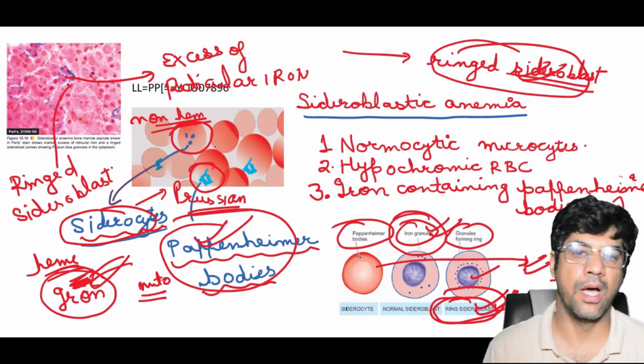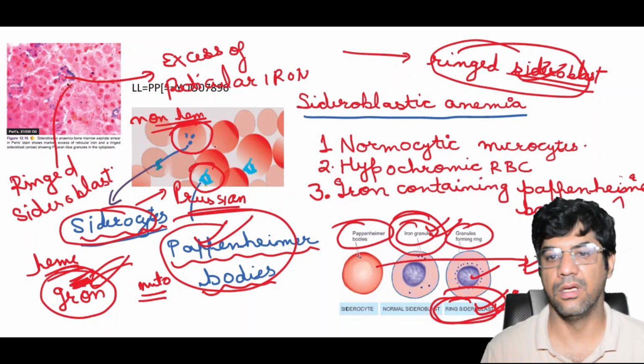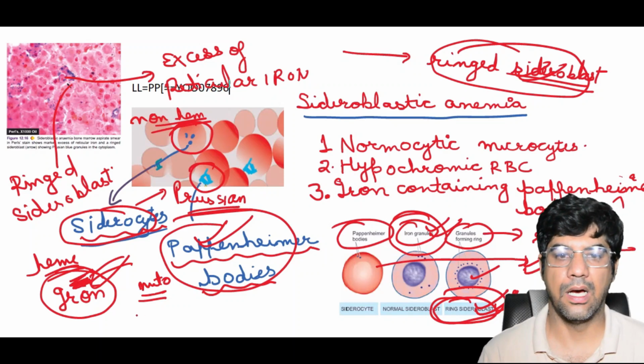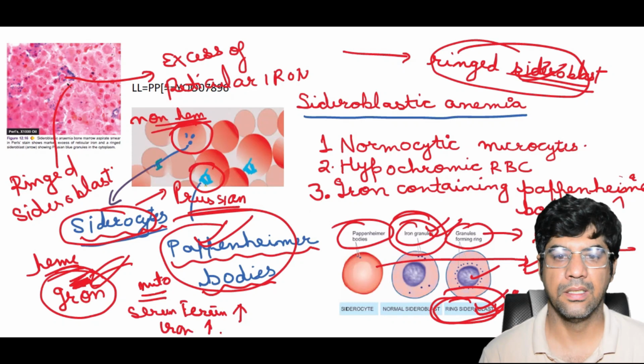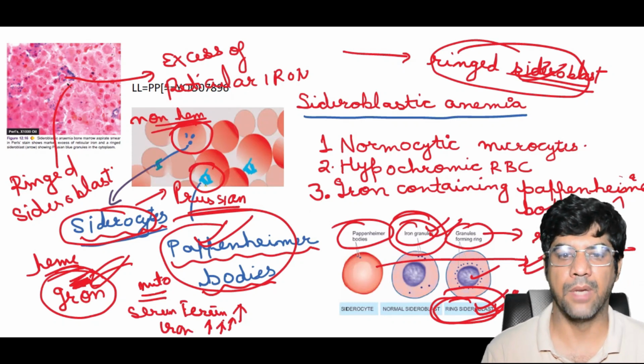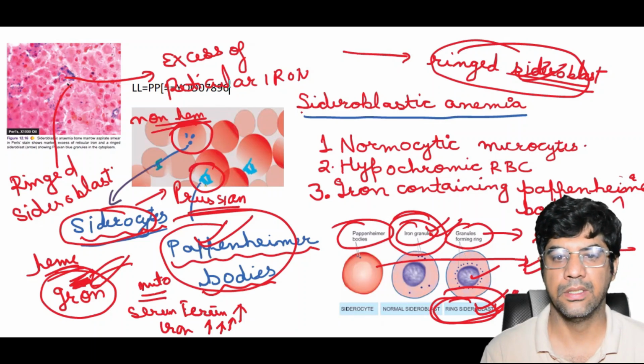There are raised marrow iron stores, and you will see the presence of multiple ring sideroblasts. The serum ferritin level would increase, serum iron level would be elevated, and there would be increased serum iron binding capacity.